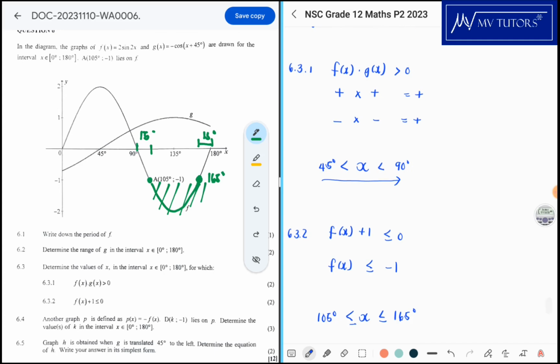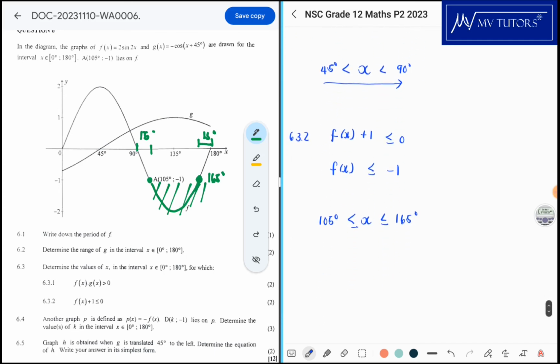And 6.4. So now it says another graph P is defined as P being negative f of x. Okay, let me erase everything over here. So this is our f of x, right?